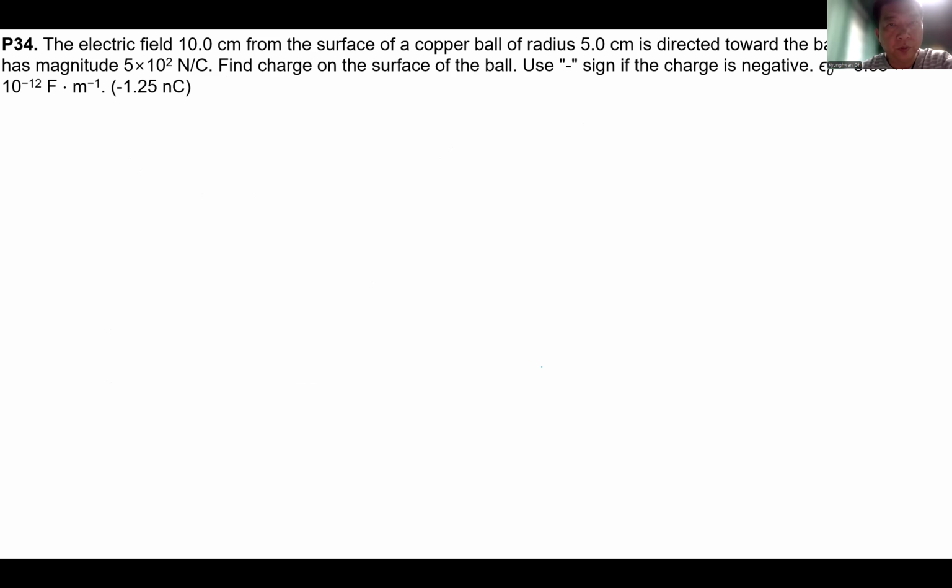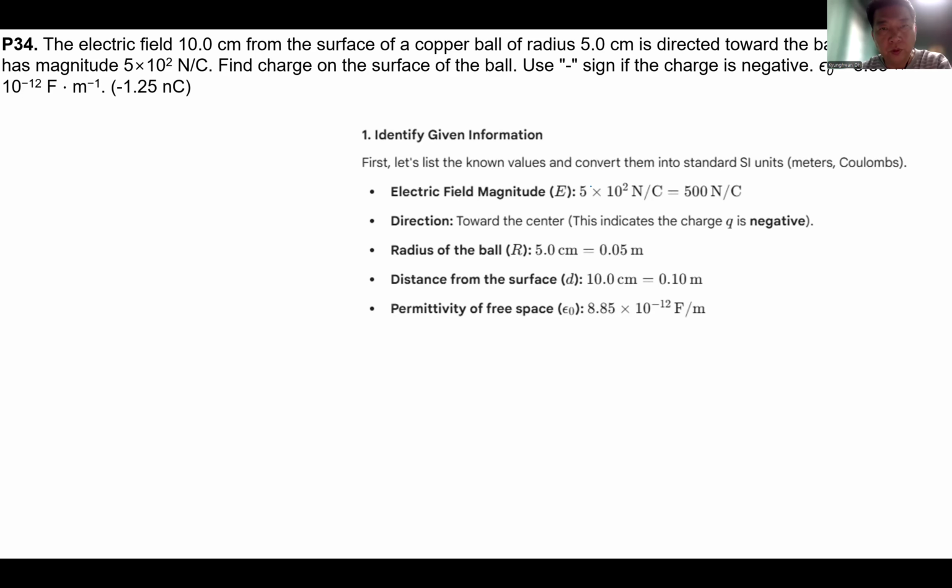And then the electric field from the surface of a ball. So we need to find out the electric field, which is given, and the direction is toward the center, and the radius of the ball is given. The distance from the surface is given by this one and this one.